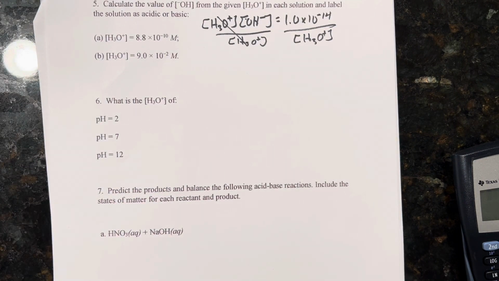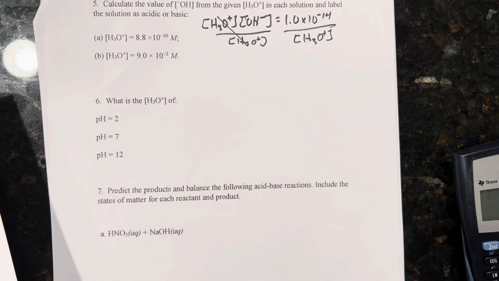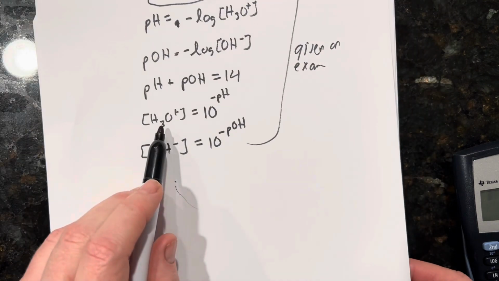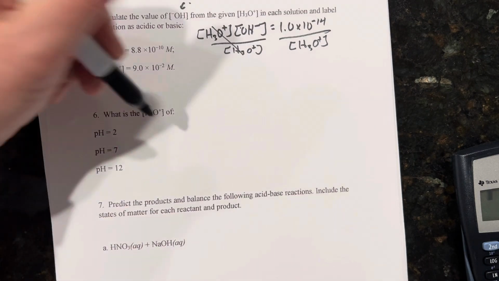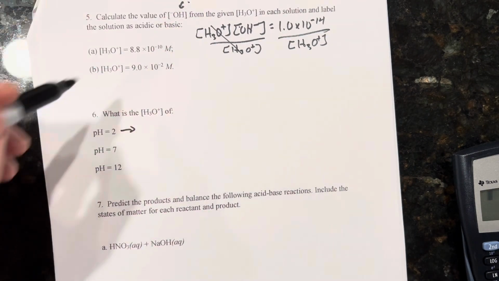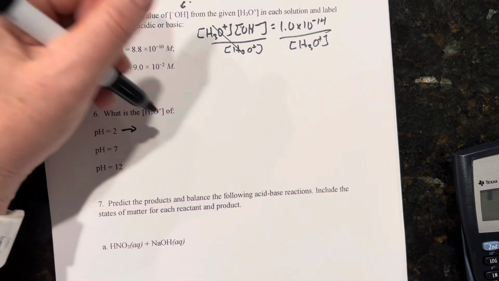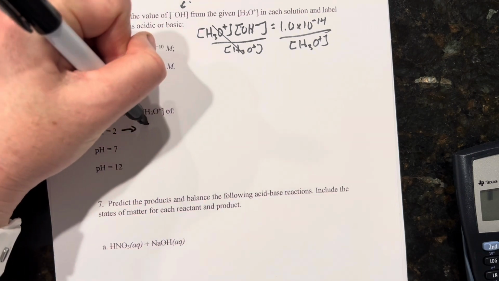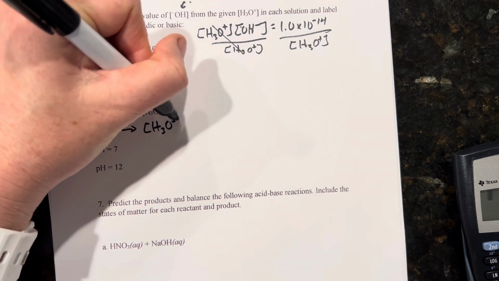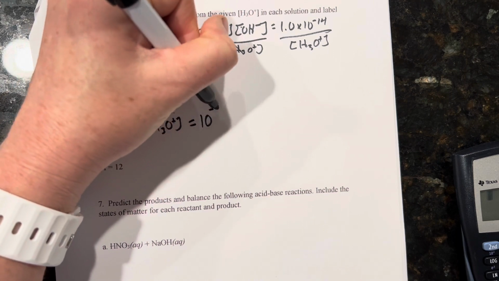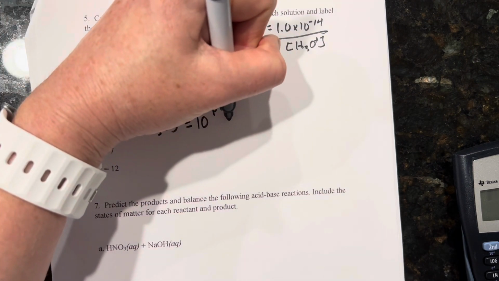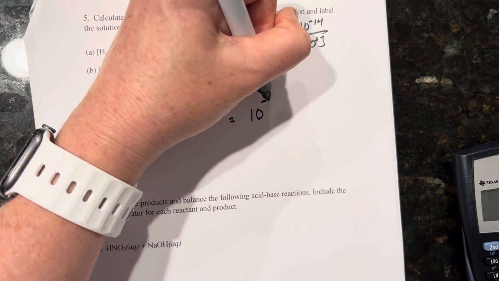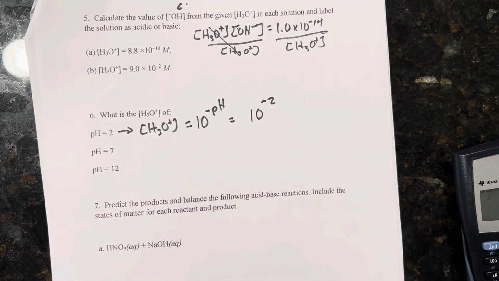What is the H3O plus concentration of the following? Well, in order to find H3O plus concentration from pH, we just take 10 to the negative pH. We did this one in class. We did this one in class too, but anyway, so we say that H3O plus equals 10 to the negative pH, okay? In other words, 10 to the negative 2 in that situation.